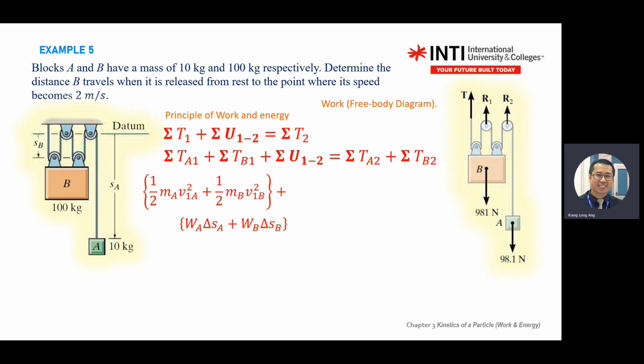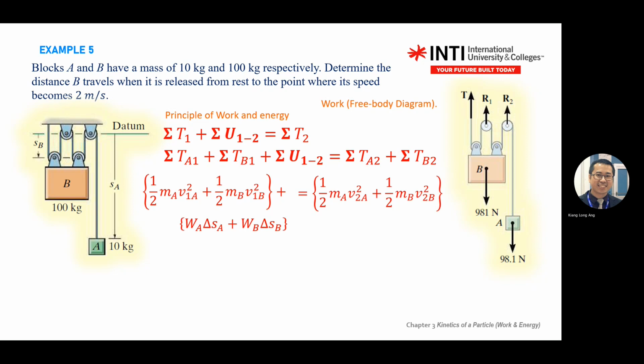Distance traveled is negative compared to the weight going down, right? So first you cancel: A does not move, B also does not move, because both are at rest. So basically this is the bonus point. Either you know or do not know. So cancel 0, cancel 0.